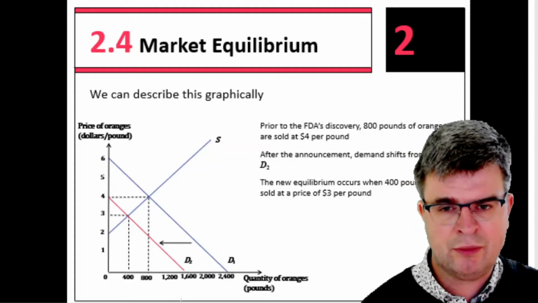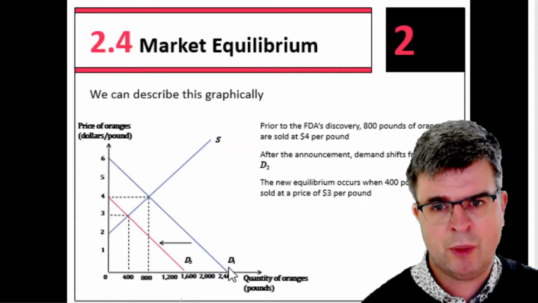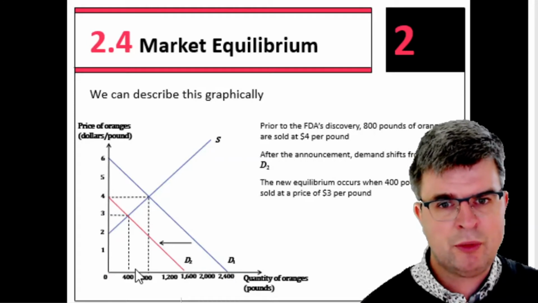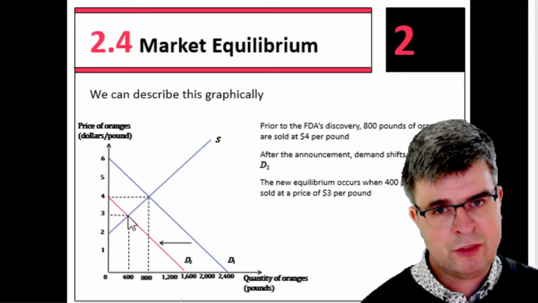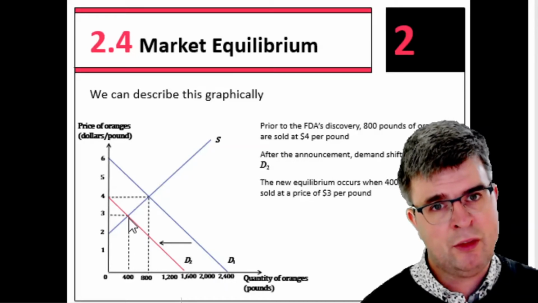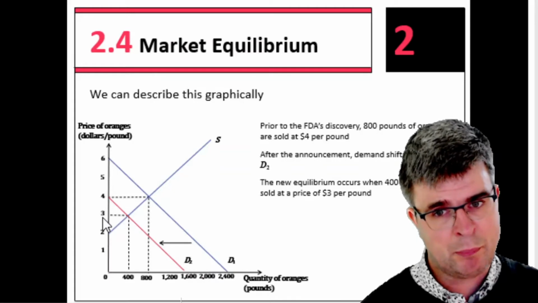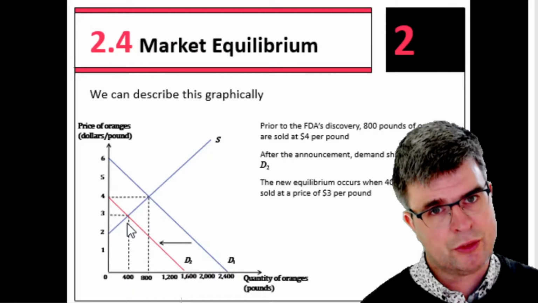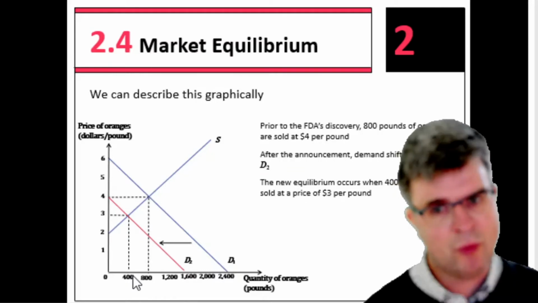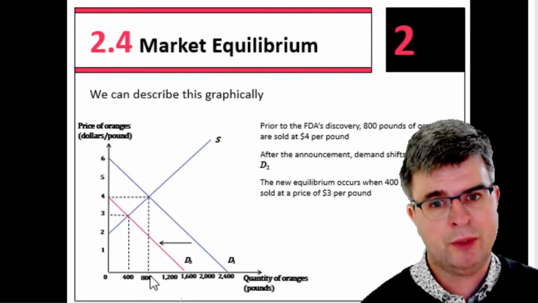And it decreases from original function D1 to the red demand curve D2. And what you can see is that two things happen. We need to reach a new equilibrium, and at a new equilibrium, the equilibrium price is lower, and also the quantity of oranges sold in equilibrium is lower than before. It reduces by 400.